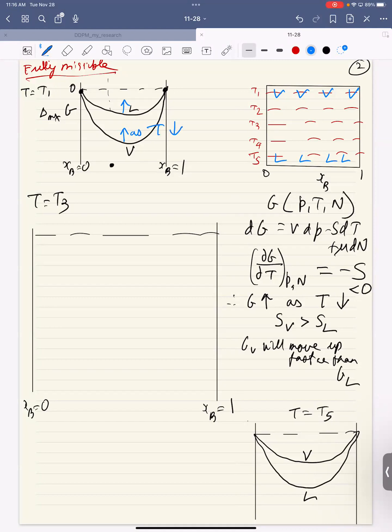As you go from T1 to T3, both of these are going to move up. And vapor is going to move up faster than liquid. So what does that mean? In this case, you have seen that vapor has moved completely above liquid and has surpassed it at all concentrations, right? What do you expect to happen somewhere in the middle? It has moved up, and maybe it has surpassed it in the left half.